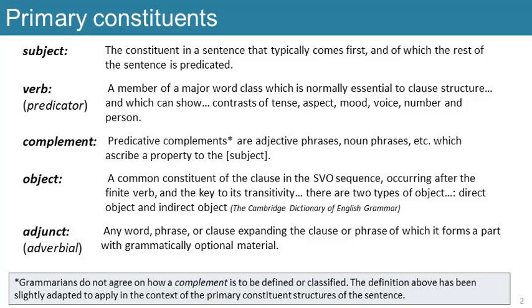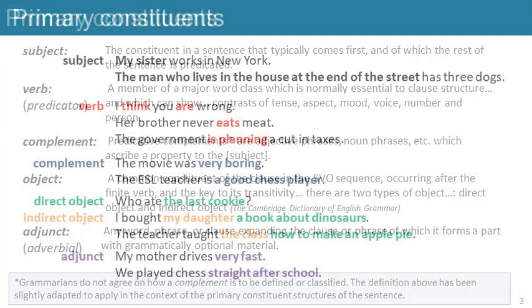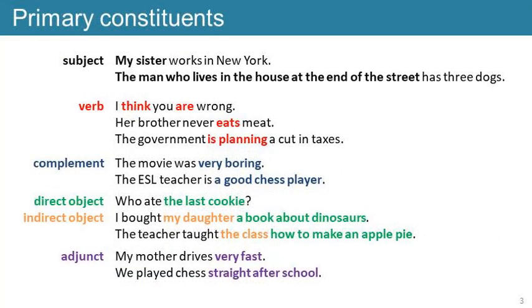The definitions of these terms here are, with one exception, from the Oxford Dictionary of English Grammar. You can find more detailed explanations and examples in the glossary section of the lesson index page. Since grammatical explanations are best accompanied by examples, here are each of the 5 primary constituents in exemplifying sentences.